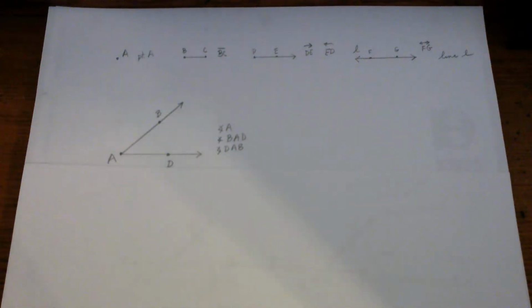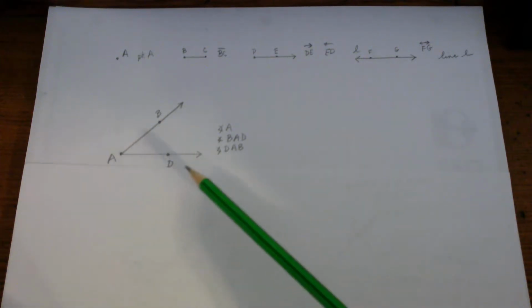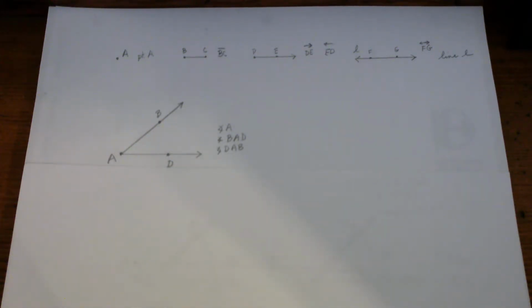Now today I want to talk about constructing an angle congruent to angle BAD. And we know that for construction we use two tools. We use the straight edge and we use the compass. Now I'm going to use this for my straight edge today.